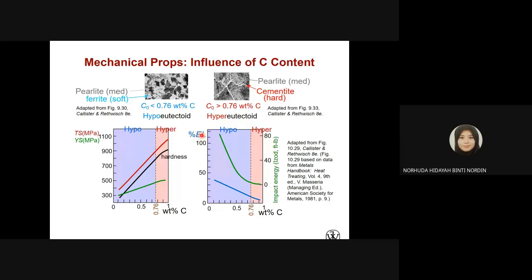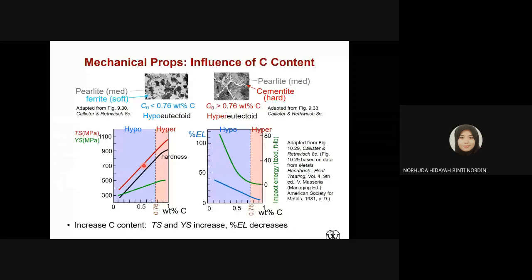Of course, the high hardness will result in low elongation. So this is the inverse proportion of strength and ductility. Increase carbon content, tensile strength and yield strength increase, but it reduces the elongation.